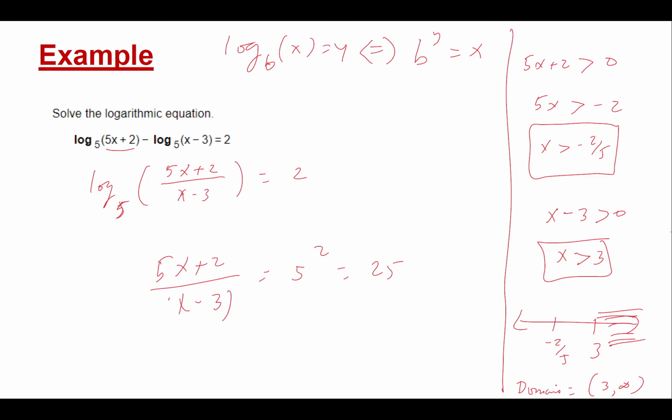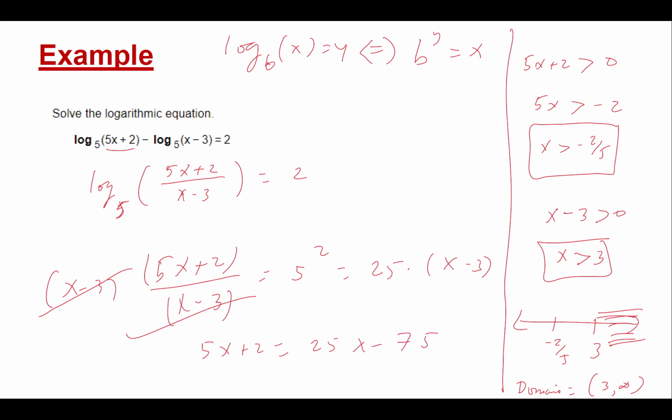Just multiply both sides by x minus 3 to solve this problem. If you multiply both sides by x minus 3, the x minus 3 is gone. On the left side you have 5x plus 2. On the right side you have 25x minus 75.